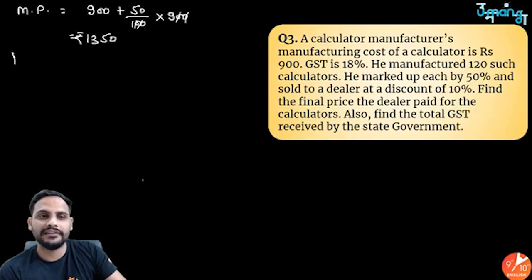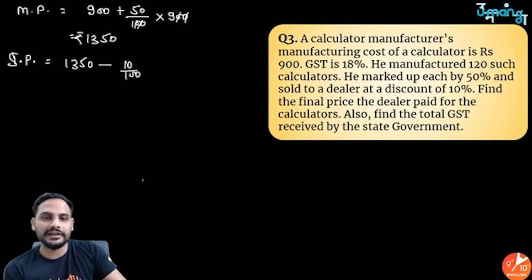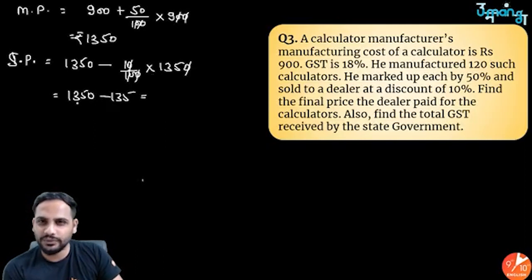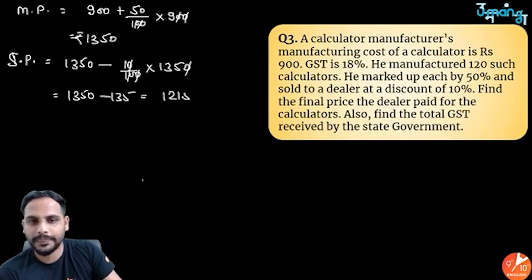So the selling price will be the marked price minus the discount, and the discount is 10% of the marked price. So 1350 minus 135 gives you 1215. This is the final selling price.